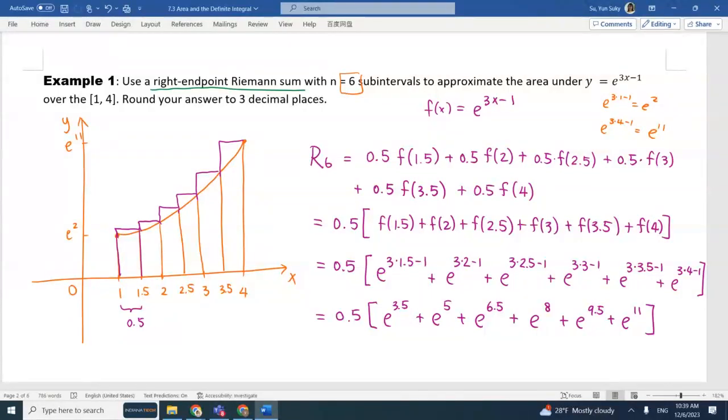So this is the simplified form we can make. Now is the time to plug this in your calculator.